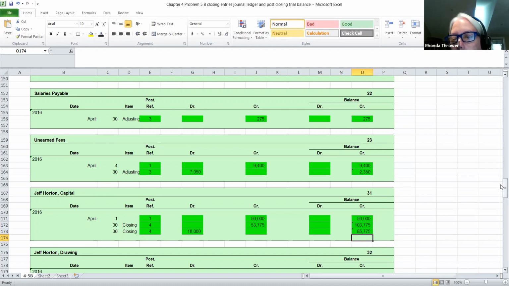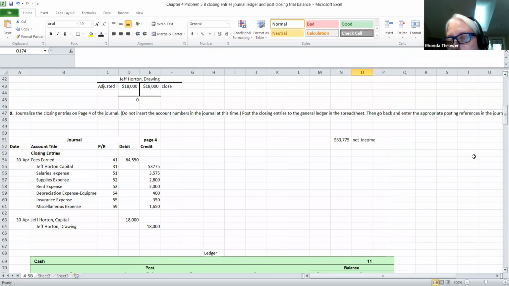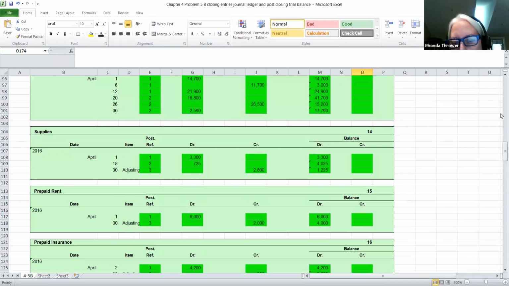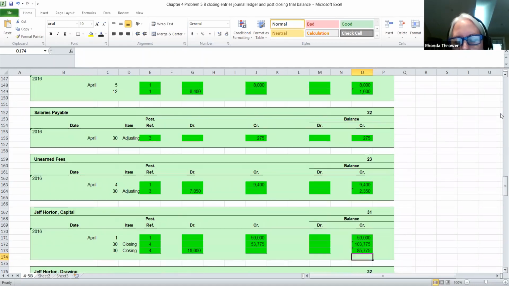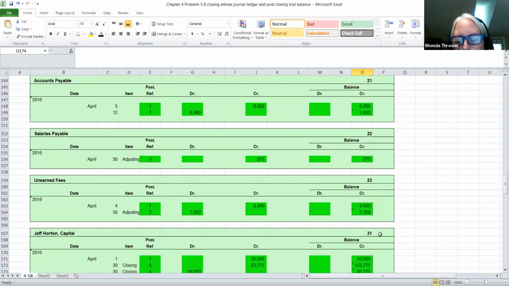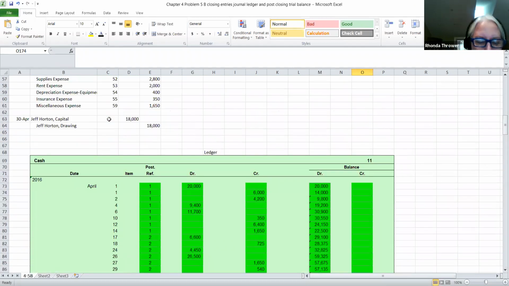And it also should end up being the same thing as we calculated up above right here. And it does. All right, so the capital account number is 31. I'm not through with the posting process until I put that 31 in my post reference in my journal.